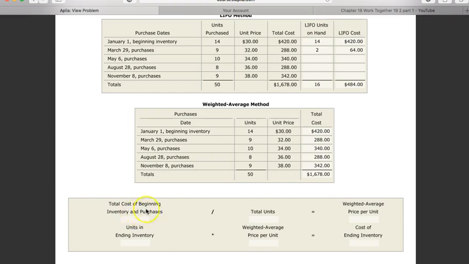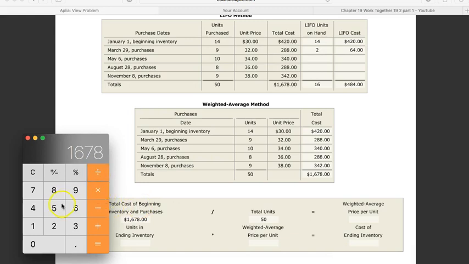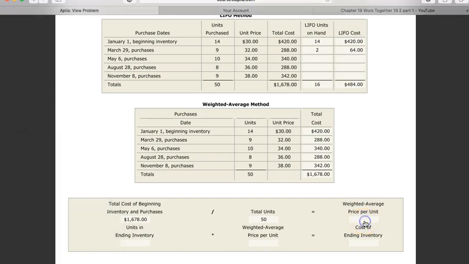The total cost of beginning inventory and purchases, that is this number. That's the total cost for the whole year, and that is $1,678. We're going to divide that by our total units, so that's 50. Let's go look at the calculator. That amount divided by 50 is going to give us 33.56.